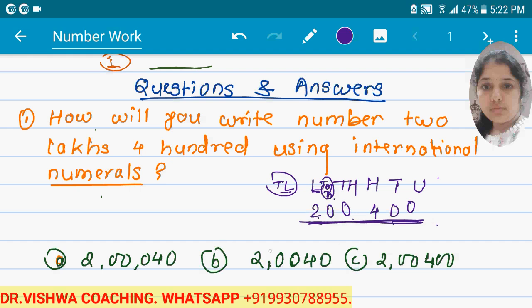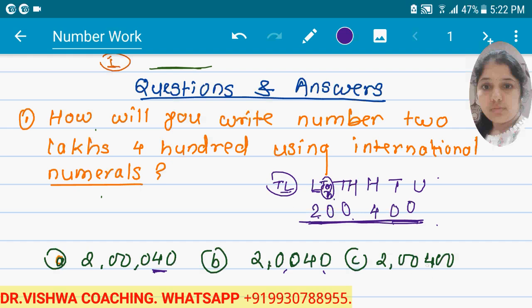So the number we have written is 2,004,000. Now see, where is the option? Option A is 2 lakh, but it is 40. Option B is 20,040, not 2 lakhs.